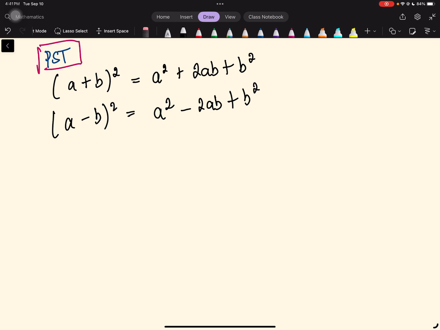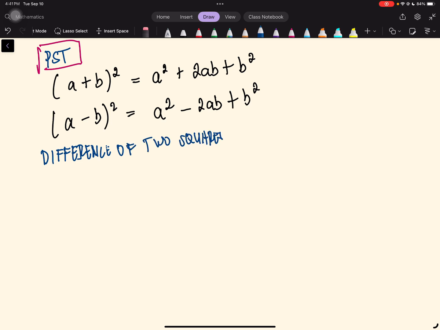Okay? So aside from perfect square trinomial, meron din tayong sum and difference. Mamaya pa pala yan. We have difference, my gosh, what's wrong with my pen? Difference of two squares.